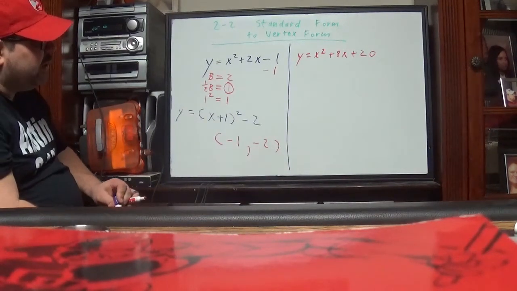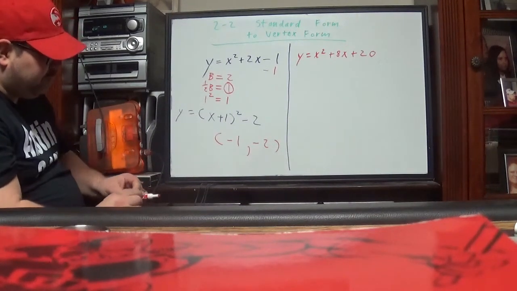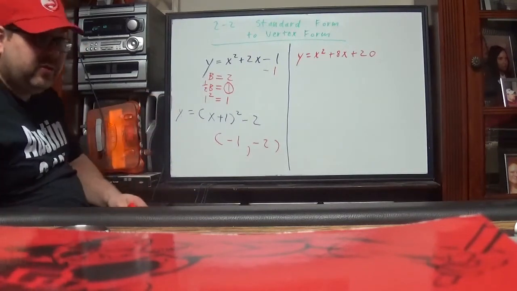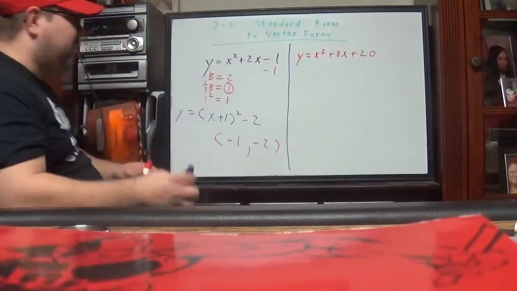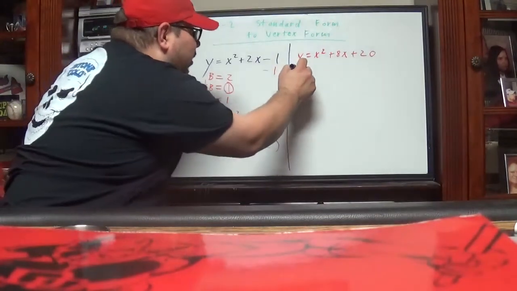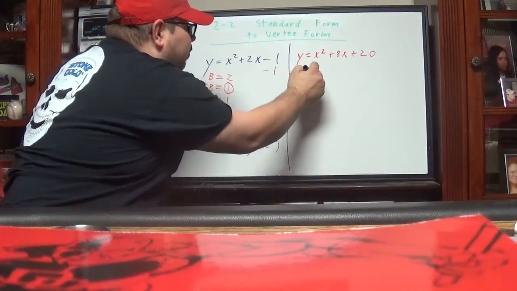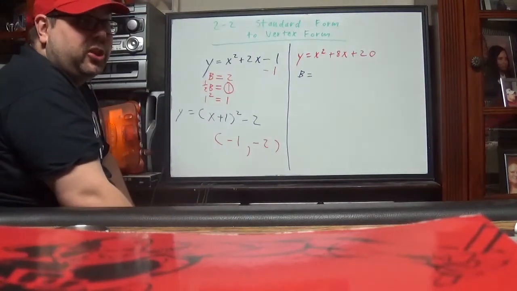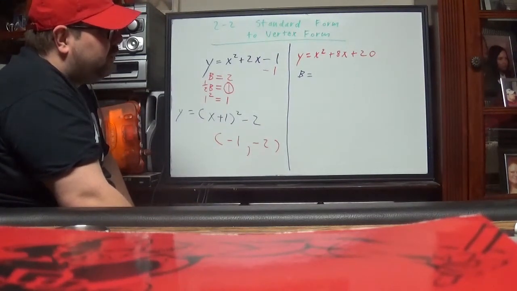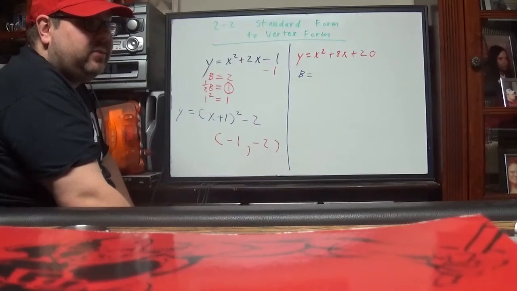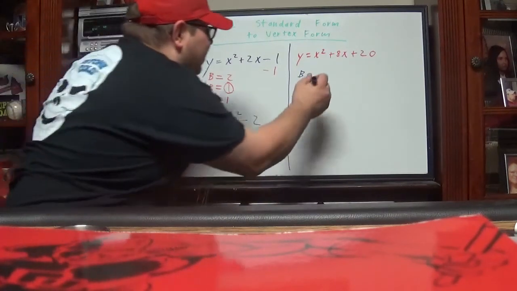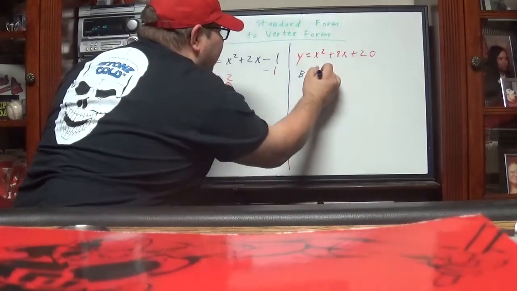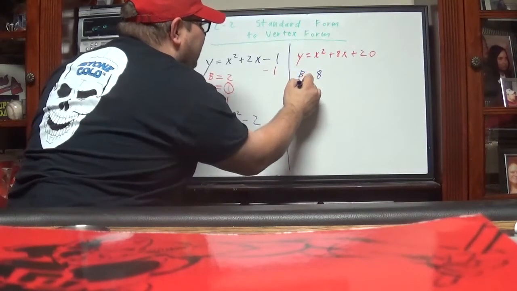Now the second equation we're going to do, it's the same process. It's got a little bit bigger numbers, but that doesn't matter. I'm going to start again by finding the b value. Well, remember that is the coefficient of x. We have 8x, so the coefficient of x is 8. That means the b value is 8. We then find what's half of b.